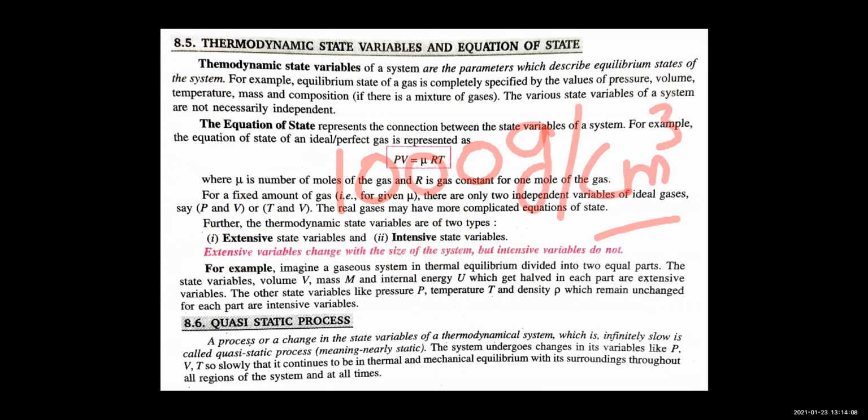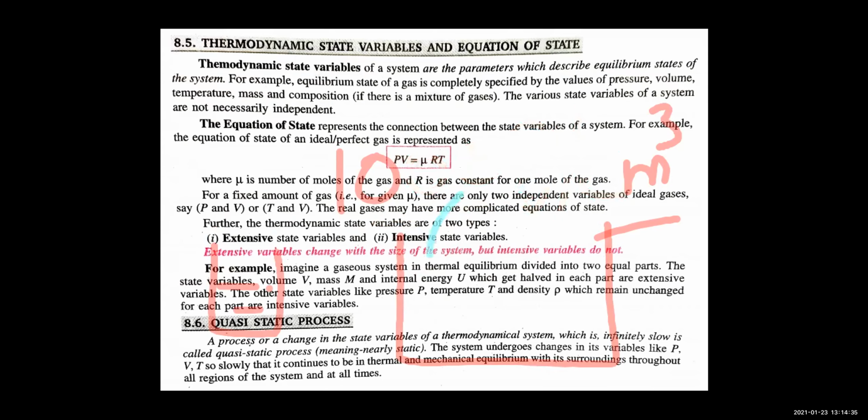If I ask you to bring a glass of water, its density will be 1000 gram per centimeter cube. And if you bring a very big bucket full of water, then also children, the density of water will remain the same. So density does not depend upon the amount of the system.